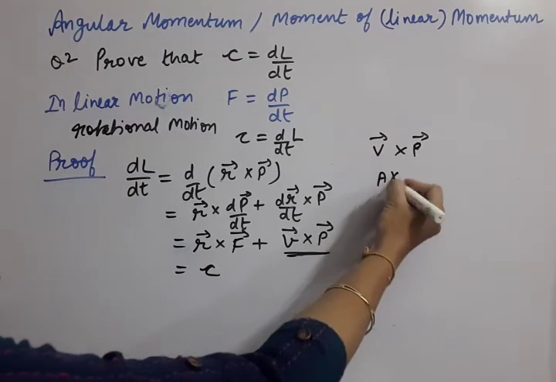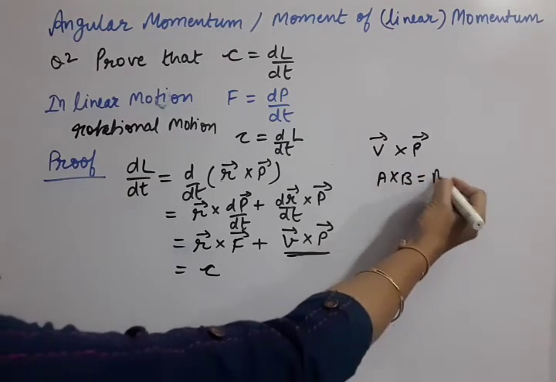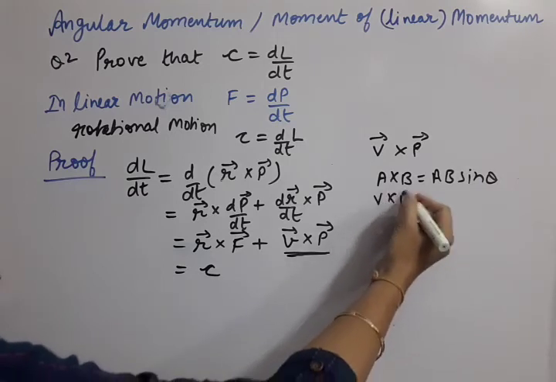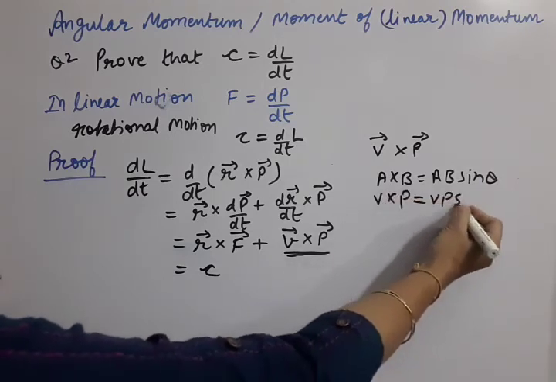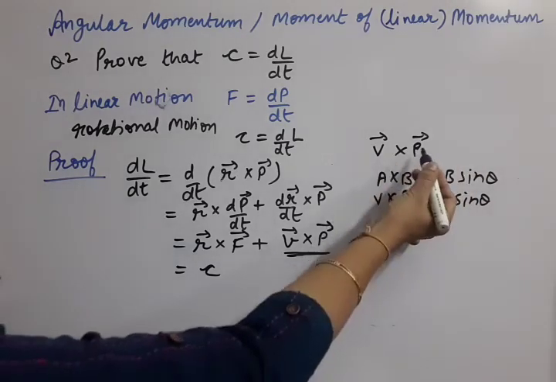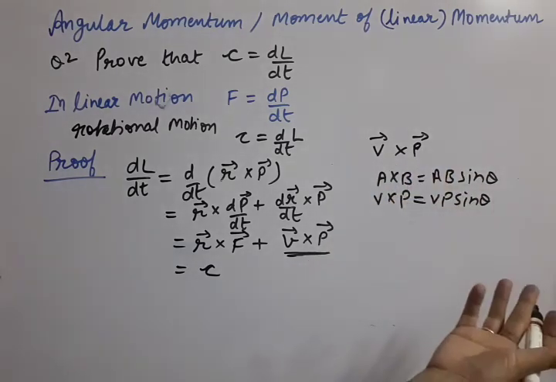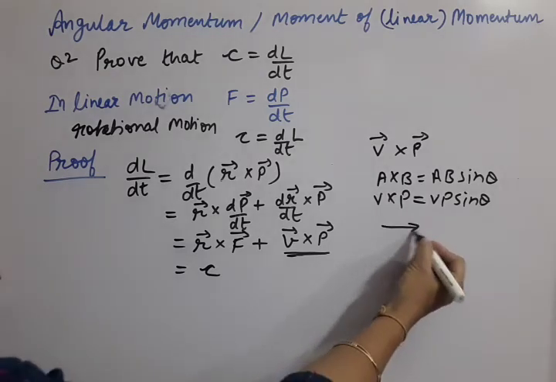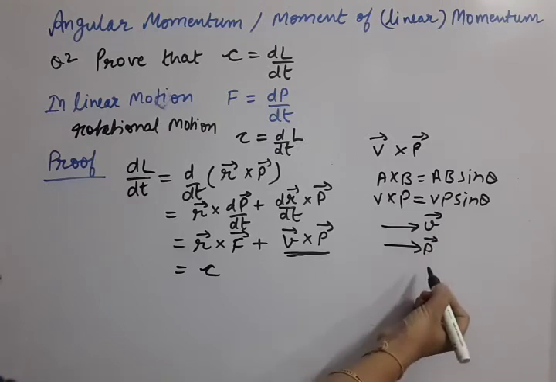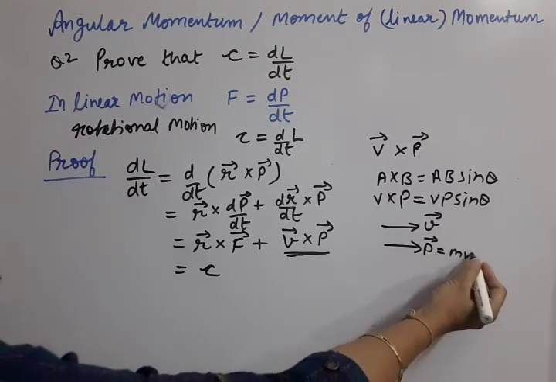Now if we have any cross product A cross B, its formula is AB sin theta. In the same manner V cross P means VP sin theta. But the problem is velocity and momentum direction are always the same. If any object has velocity in this direction, then momentum is also in this direction only, because the momentum formula is also mv.